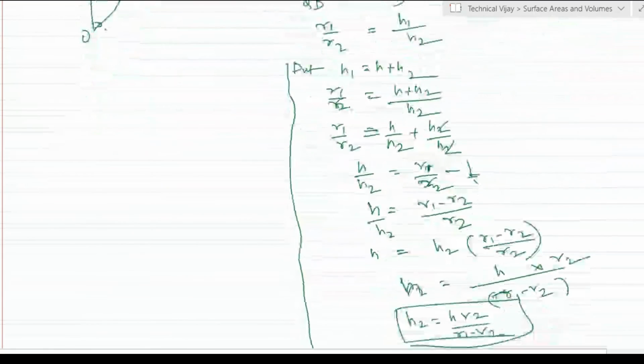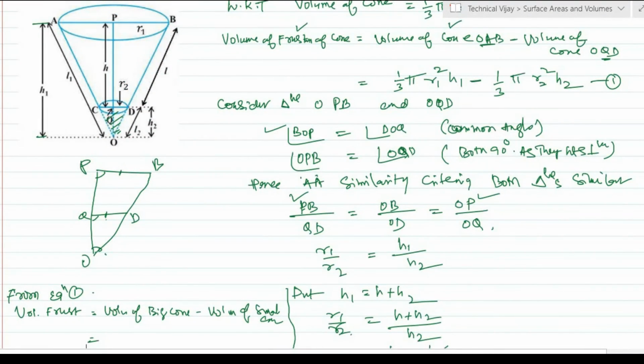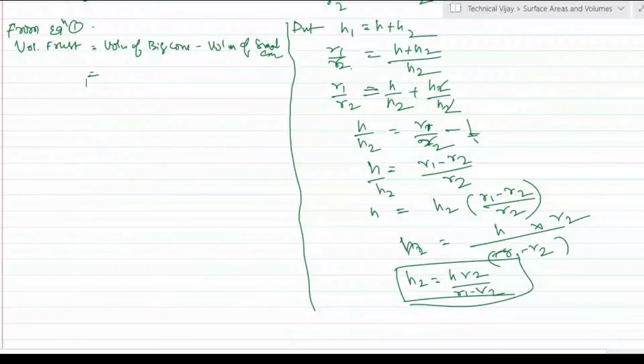Now from equation 1, the volume of the frustum of the cone is equal to the volume of the bigger cone minus the volume of the smaller cone. That is 1/3 π R1² H1 minus 1/3 π R2² H2.